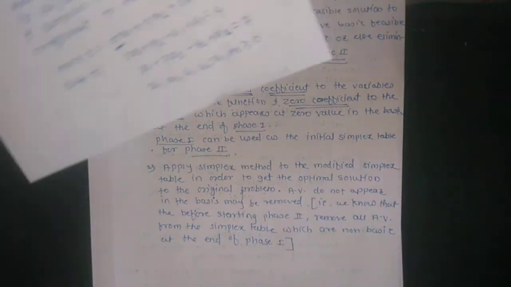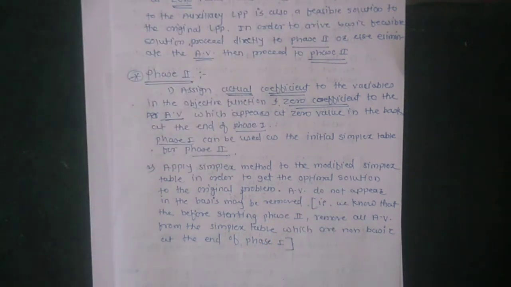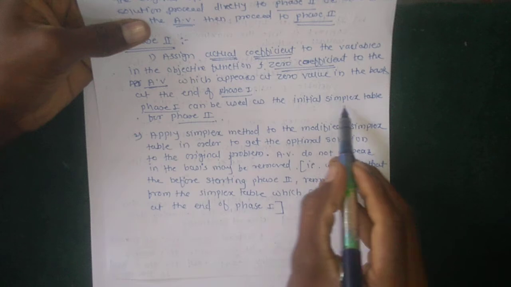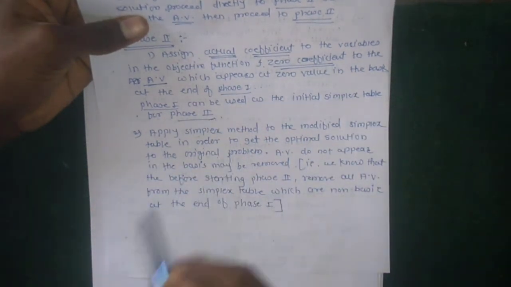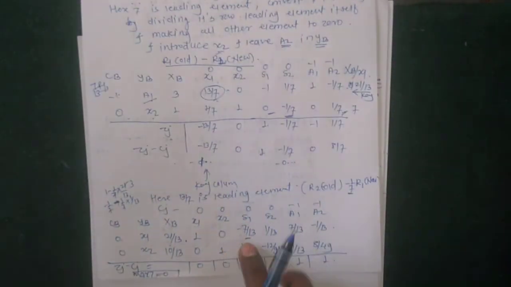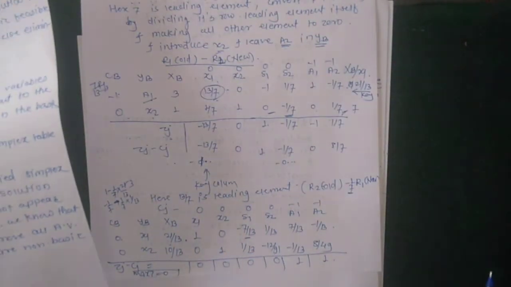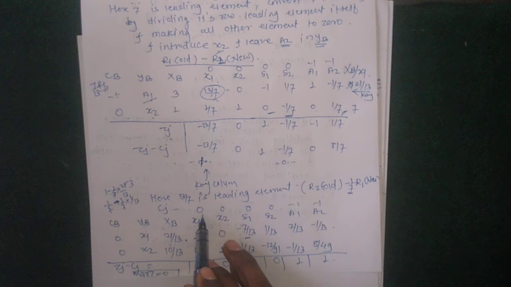Okay, and therefore, here also given that phase first method can be used as the initial simplex table for phase second. So using this last table, we directly write, only change the coefficients of x1 and x2, and draw this table as it is.